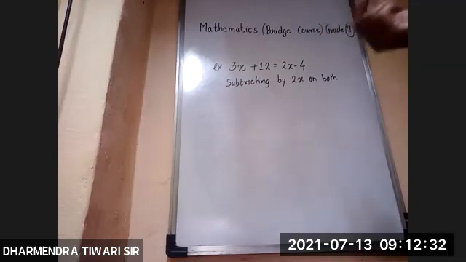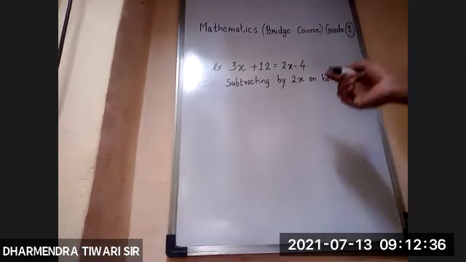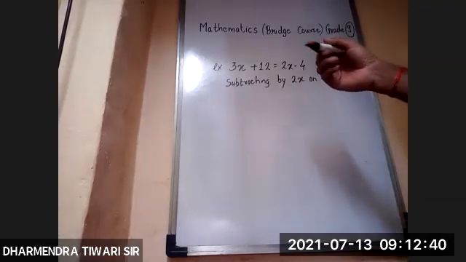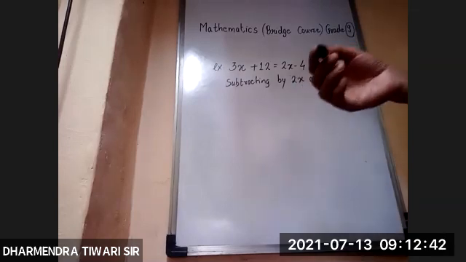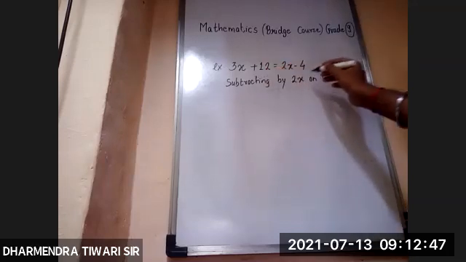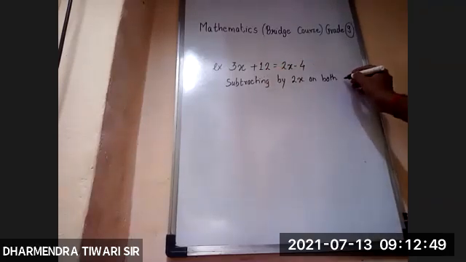We can take both the operations together, but as we are not used to it, I'm not doing it. Once we get used to this type of operation, then we can directly do it. Subtracting by 2x on both sides.